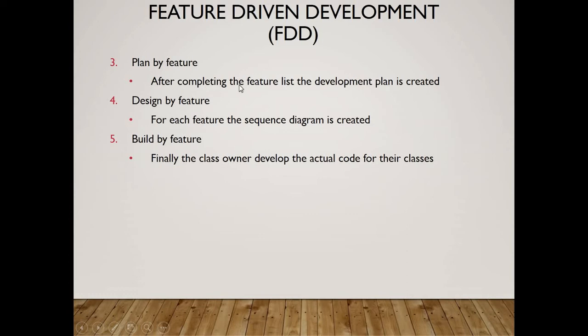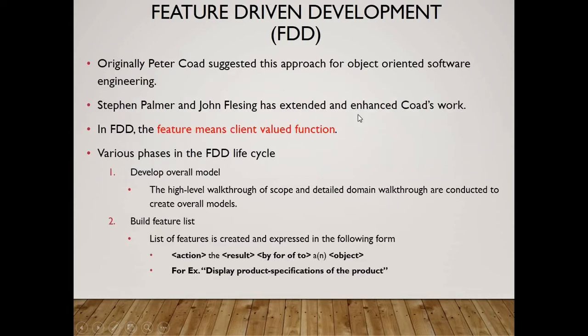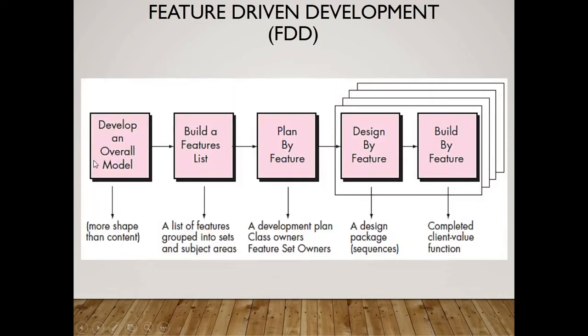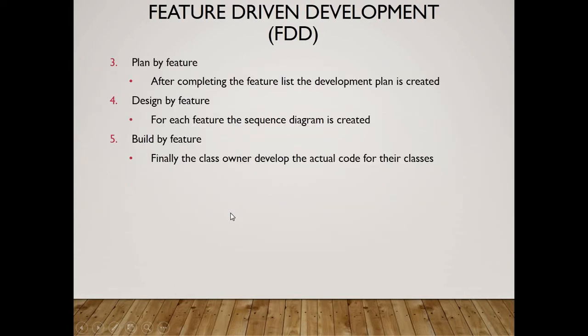After completing the feature list, the development plan is created. In design by feature, for each feature a sequence diagram is created. And in the last phase, build by feature, the class owners develop the actual code for their classes. So this is the FDD, the Feature Driven Development model, with these five phases.